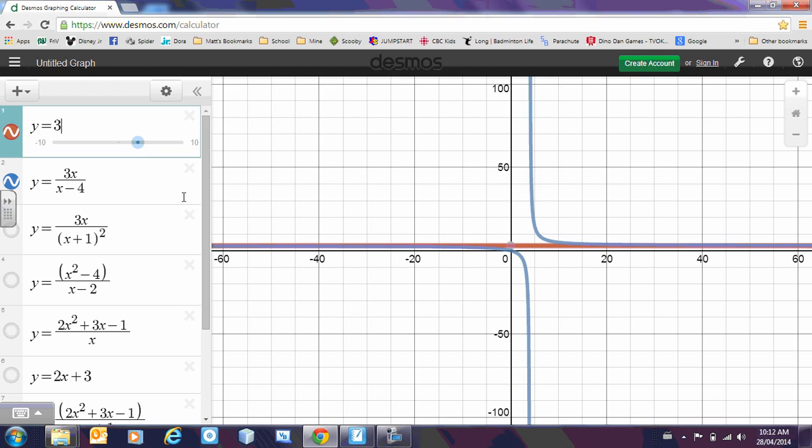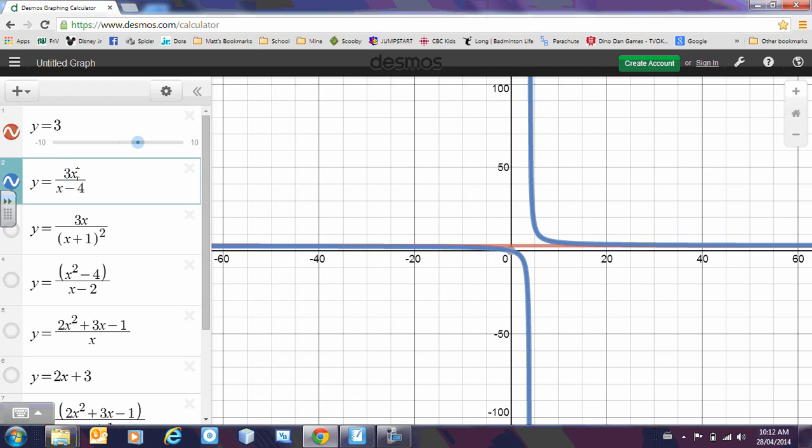And the way we figure that out is, as long as we have the highest power in the numerator being the same as the highest power in the denominator, those are the values that matter. And so essentially what's happening is as my x values get extremely large, my value of y is getting really close to 3 over 1.